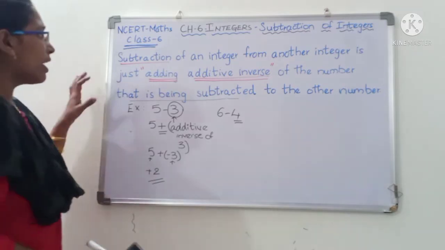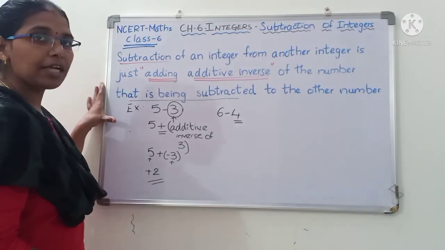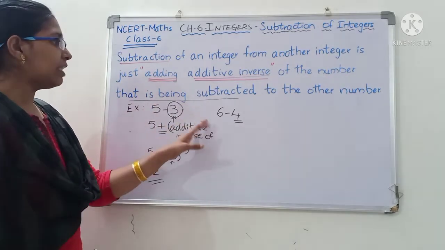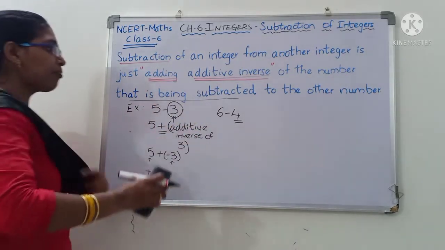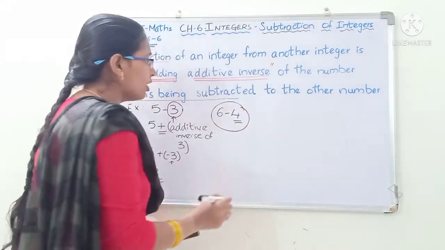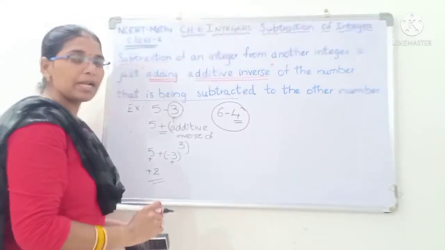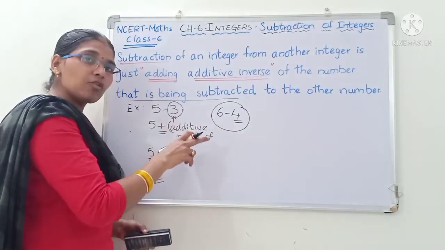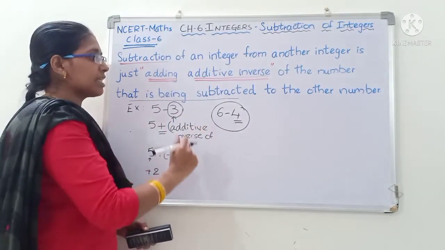So children, the important thing is that in subtraction, you add the additive inverse of the number that is being subtracted. So here let's see another example. 6 minus 4. What is the number that is being subtracted? 4. So you add the additive inverse of 4 to the other number 6.